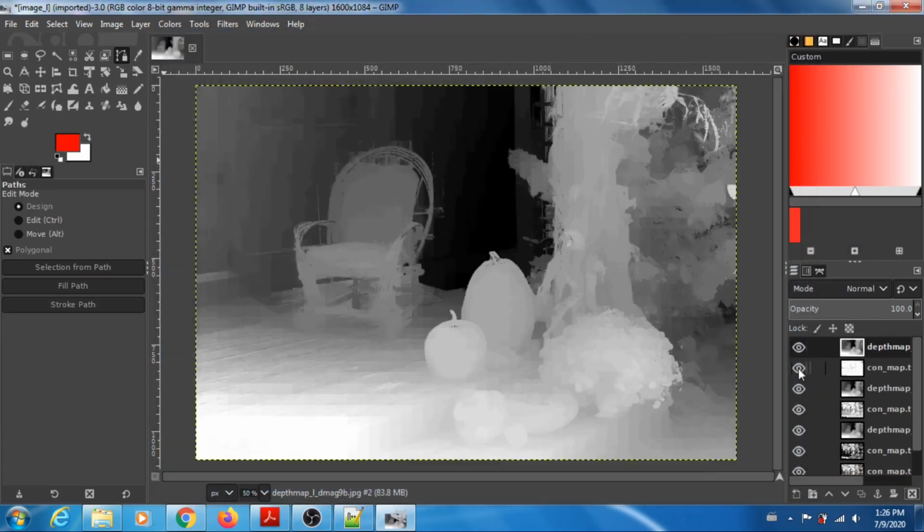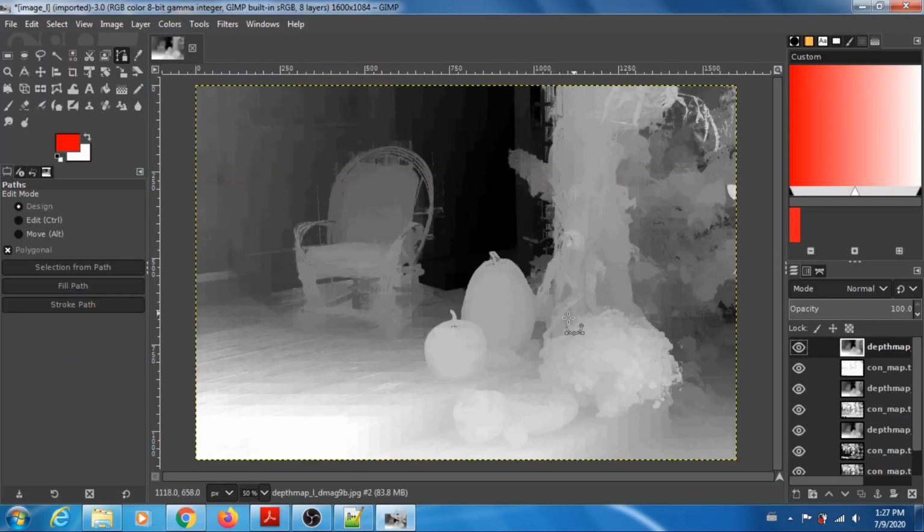Okay, so let's compare. What you're seeing here is with sigma equal 4, and this is with sigma equal 32. Almost no difference. Interesting. So I think sigma equal 4 is fine for this one. But let's continue.